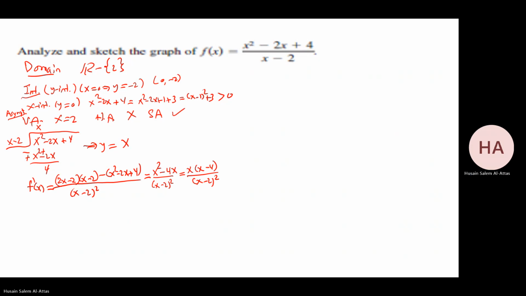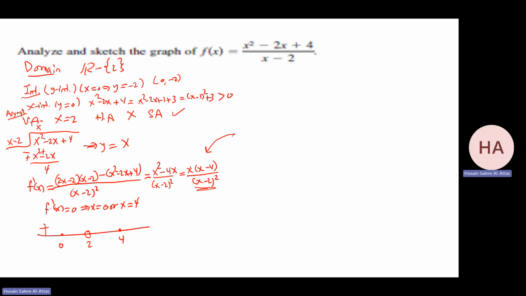Okay. So f prime equals 0 gives x equals 0 or x equals 4. So I will put now these points. I have 2, which is open. So I have 0 and I have 4. Take values. Take minus 1: negative times negative is positive, and the denominator is always positive, so that will be positive.